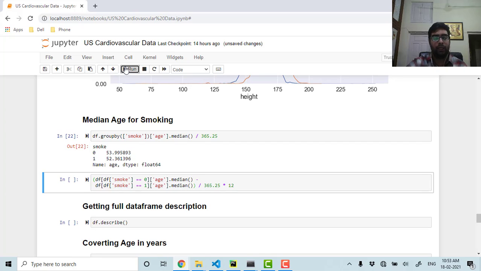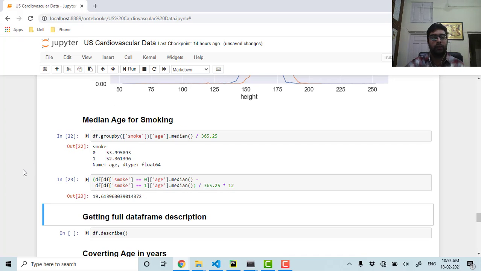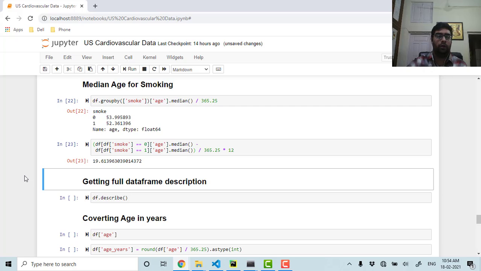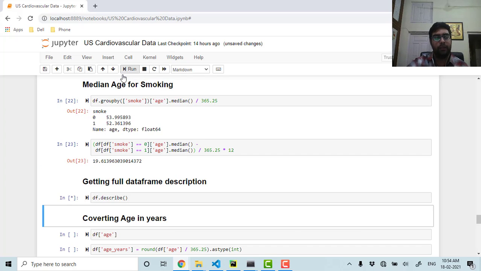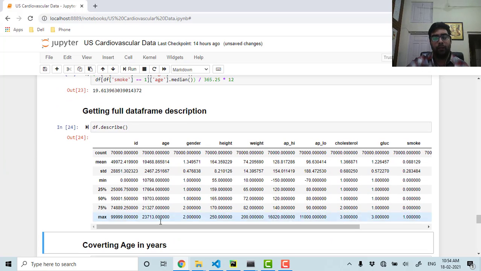So I don't think our data can give a good conclusion on whether smoking causes cardiovascular disease or not. So we can't say anything by looking at the smoking feature whether smoking impacts cardiovascular diseases or not. Let's get more insights from our data.